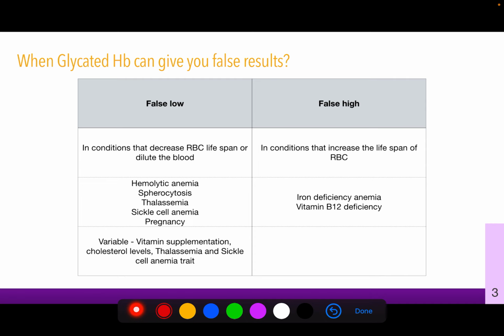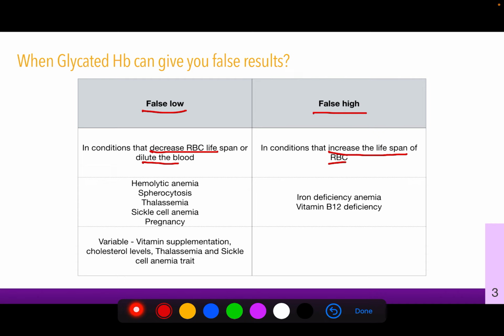On the contrary, if there is any condition which is increasing the lifespan of RBCs, that will show false high HbA1c levels. So conditions that decrease RBC lifespan or dilute the blood will show false low. Conditions that increase the lifespan of RBCs show false high glycated hemoglobin levels.